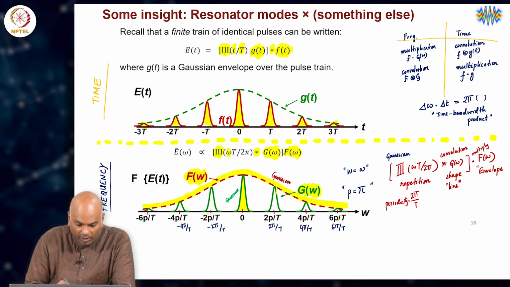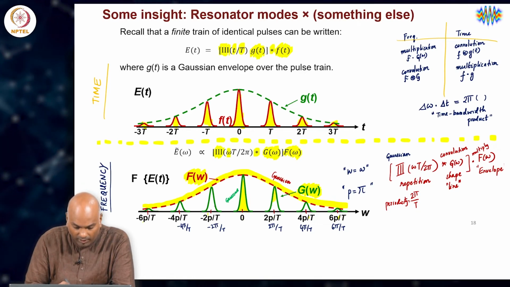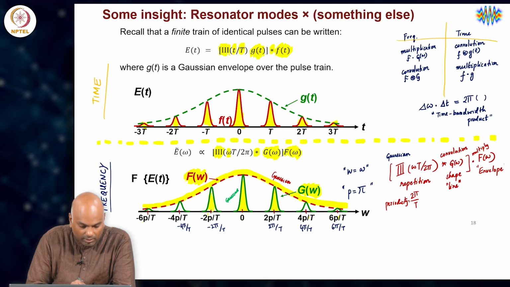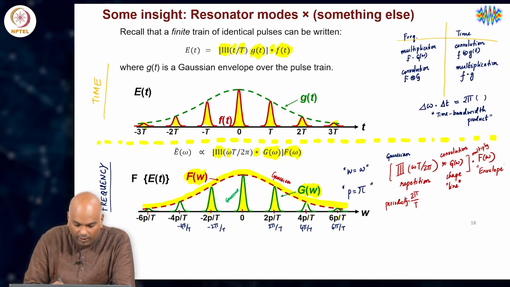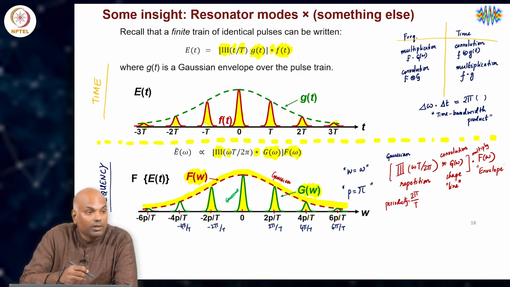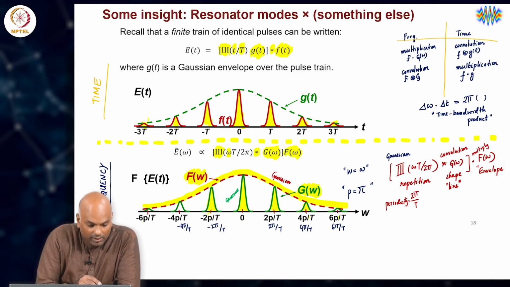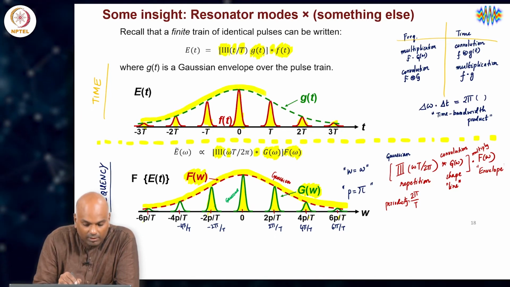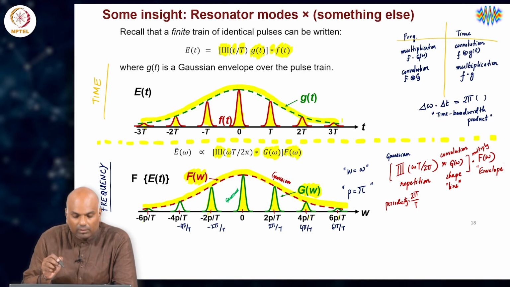Now, whatever was responsible for the narrower features in the frequency domain, that is the width of g in the frequency domain, the width of the g function in the frequency domain results in the envelope feature in the time domain.